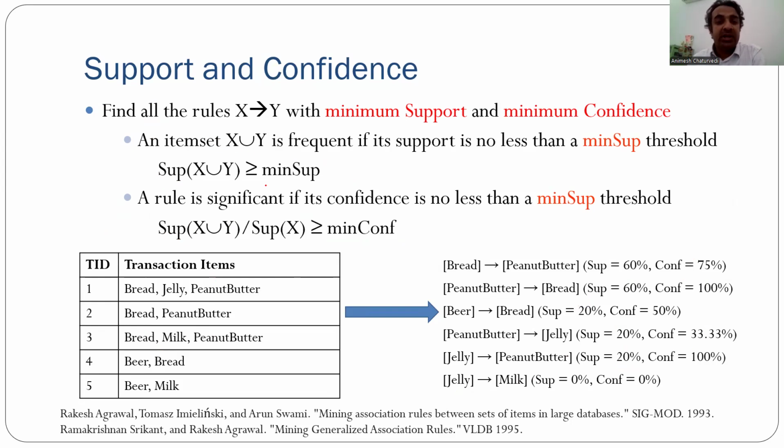Now, if you put a threshold like minimum support, at least 60% support, we'll consider that rule as interesting. It has to be at least 75% minimum confidence for us to consider it a significant rule.